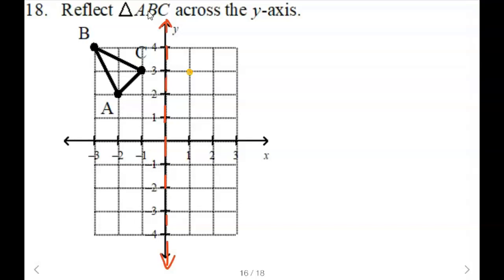If we reflect B across the y-axis, B is 3 units away, and so 3 units away on the other side, B right there. And then A is 2 units away, so A prime will be 2 units away as well. So we reflected that triangle across the y-axis.